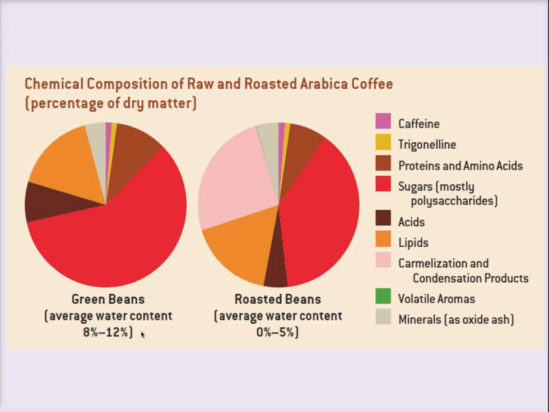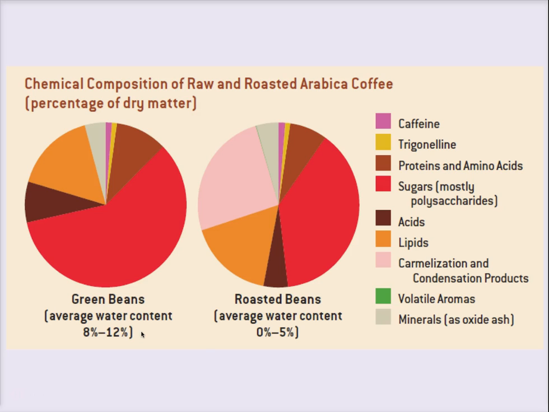And what do you see being changed? If you just look at the color coding, there are, I would say, two big areas that change and a third one that does change but not as much. So the most obvious one is the dark red. These sugars, mostly polysaccharides, are reduced in the roasting.